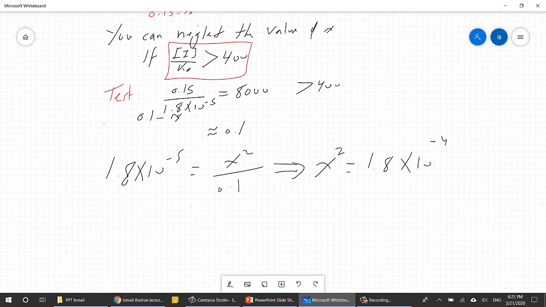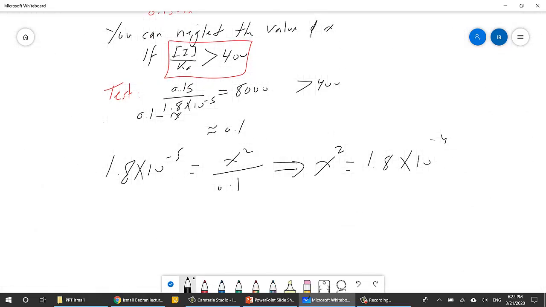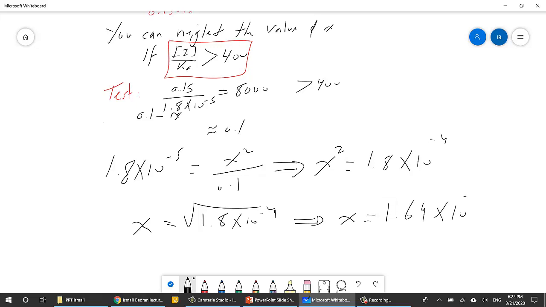So X is equal to the square root of that number, and that will give you an X value equal to 1.64 times 10 to the minus 3.